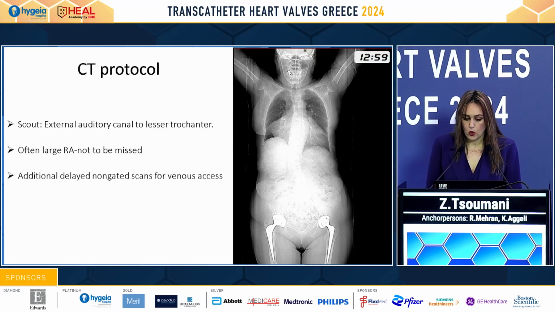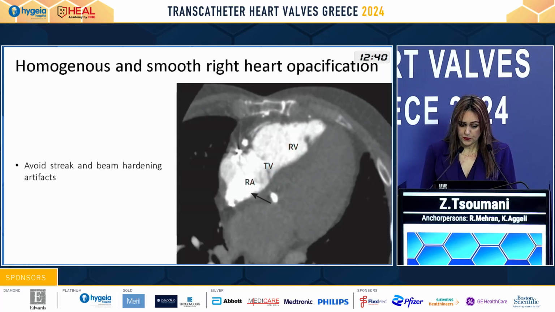The CT protocol involves an extended scout from the external auditory canal to the lesser trochanter, paying attention not to miss the often enlarged right atrium, and finishes with an additional delayed, non-gated scan for venous access assessment.